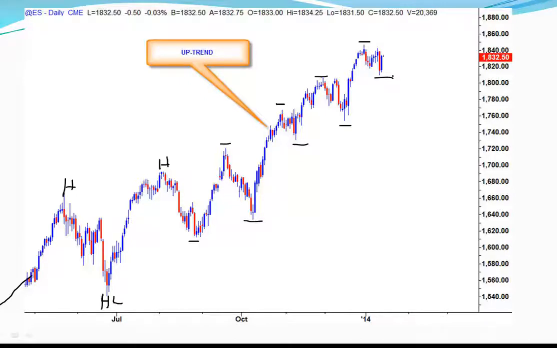And that's what's happening actually right now with the markets, because this is current day market right here. It actually went and tested way up here already.